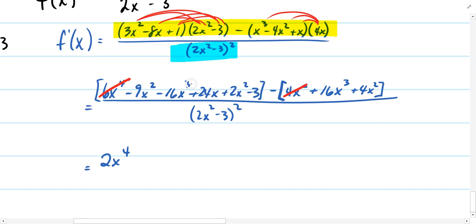Then x cubed, we've got a negative 16x cubed minus 16x cubed.